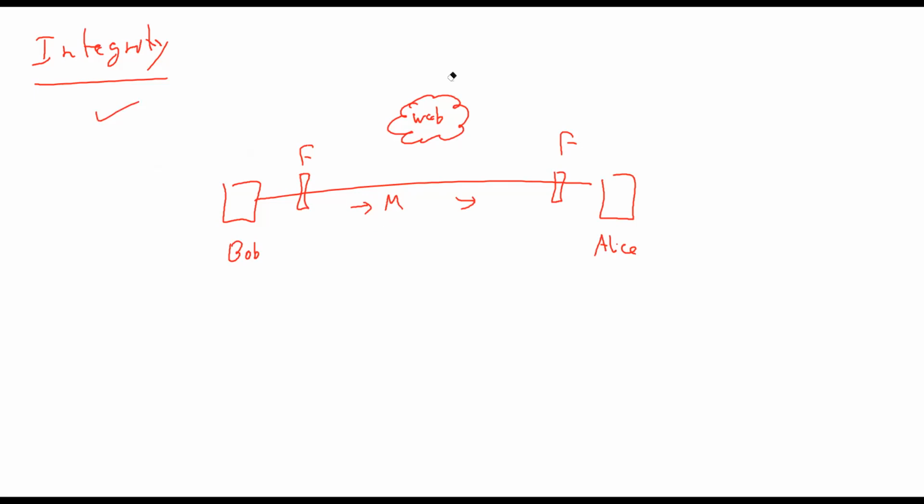But the message has to be accompanied by something that helps us to determine integrity. So what's one example of something that you can send over the internet where you only care about integrity but not confidentiality?